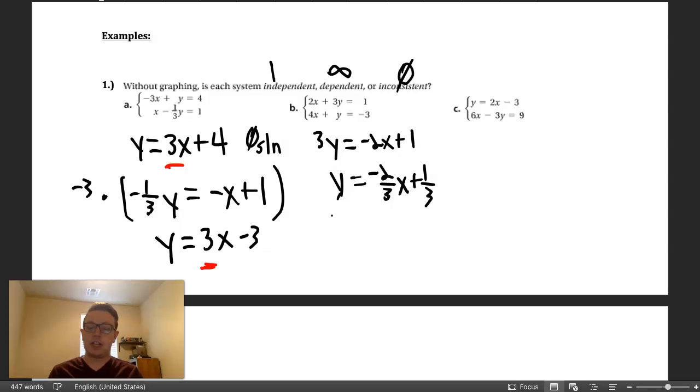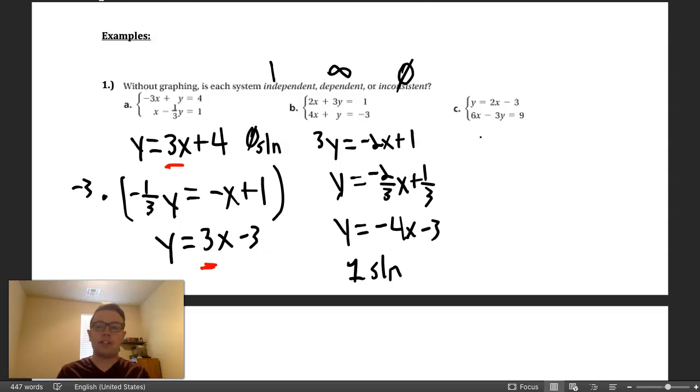Then for the second equation, this is going to become y is equal to minus 4x minus 3. We're looking at this. Does this have the same slope? No. Is this the same line? No. So this is not dependent. They don't have the same slope, so they're not parallel, meaning that they're not inconsistent. There is one solution, making this an independent system. How about for C?